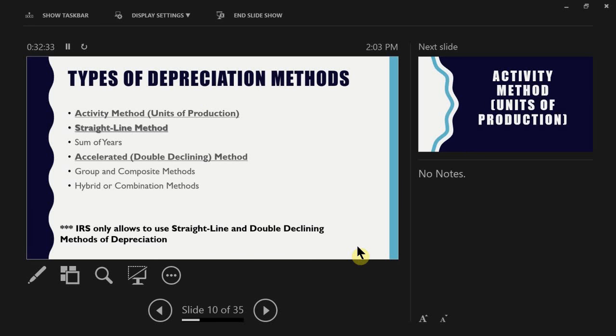All right, and then lastly, we're going to go over the different depreciation methods. Here we have a list of 6 of them, and I am only going to show you 3, because the other 3 are more advanced calculations.